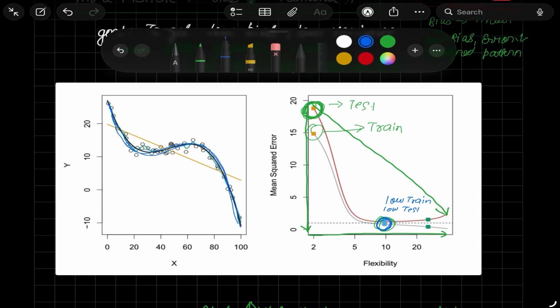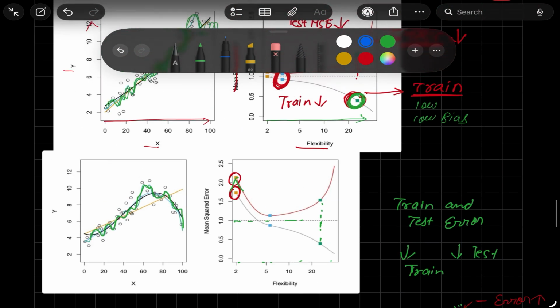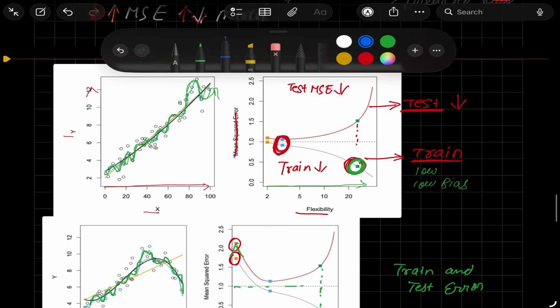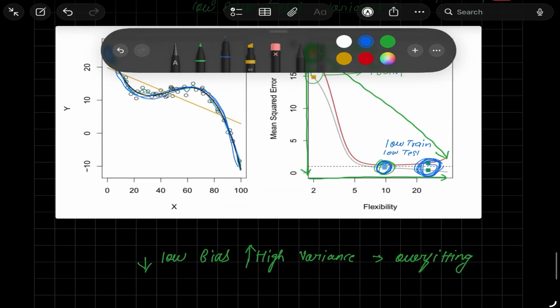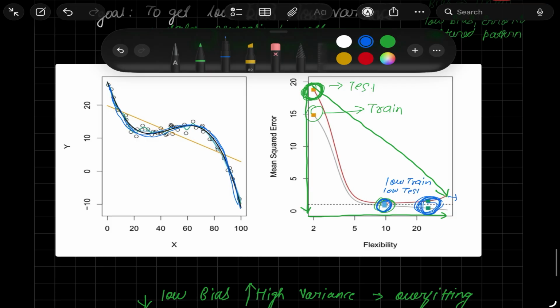And there is another model, the green model, which we can definitely consider, because earlier it was giving very high test error and very low train error. But here we have very low train and very low test error, which can be considered. So this is our first choice, this is our second choice, and this is our third choice of the model.